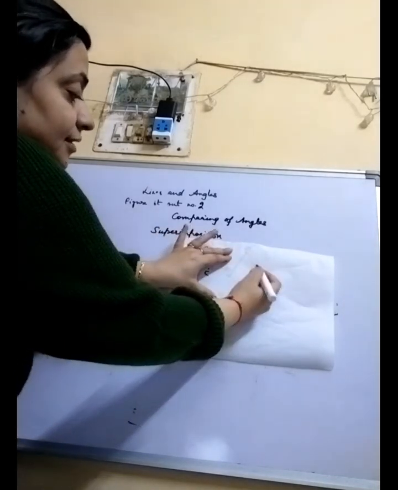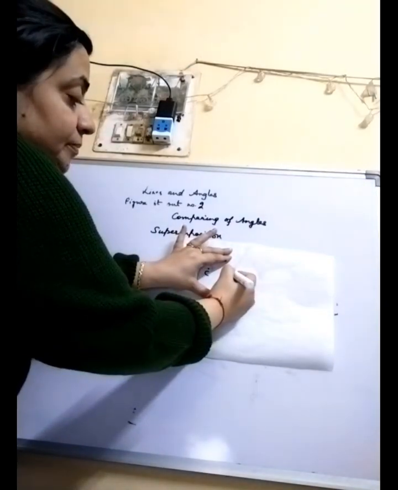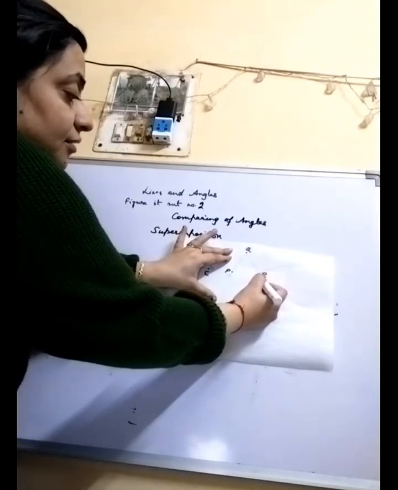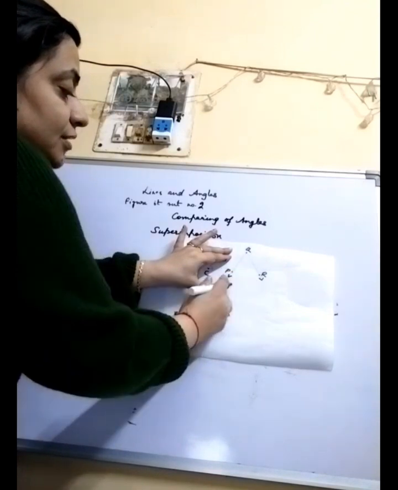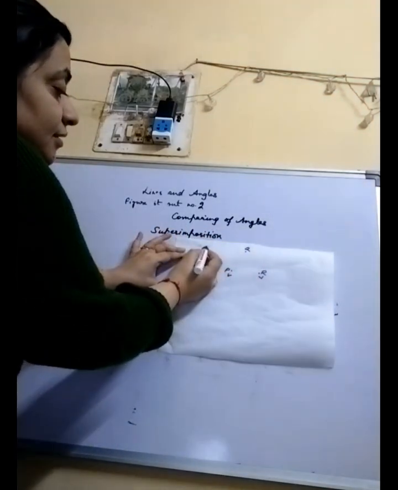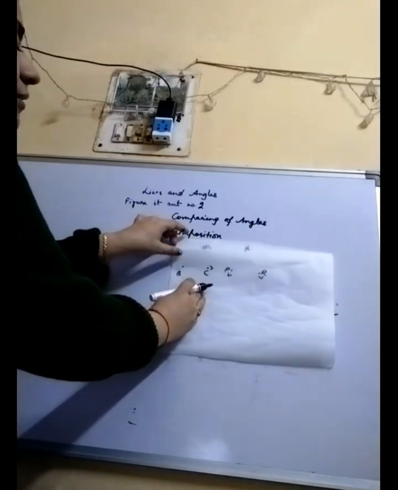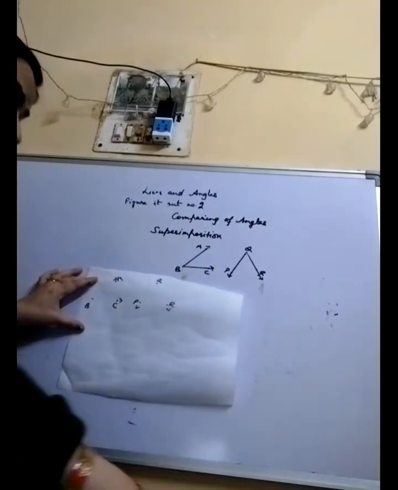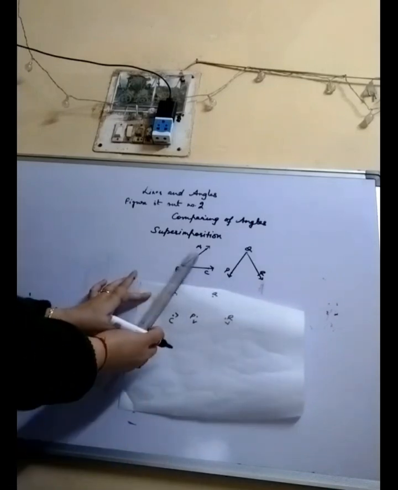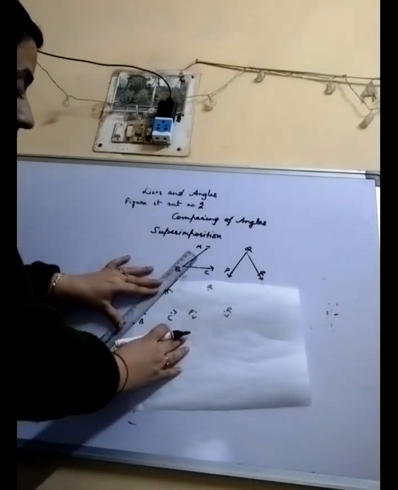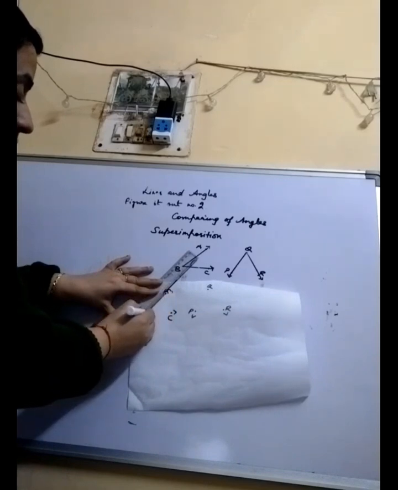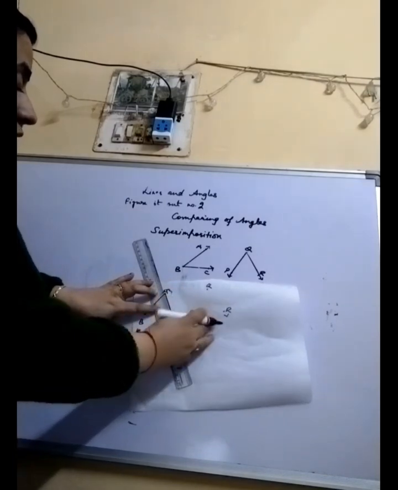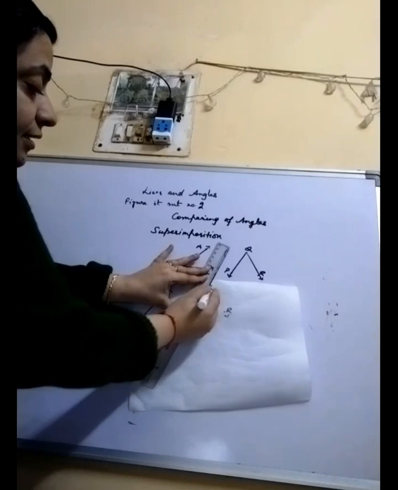Similarly, for the second one, dot P, Q and R. We put arrows also here so that we know how much angle we make. Now what you have to do is join these three points on the butter paper only.